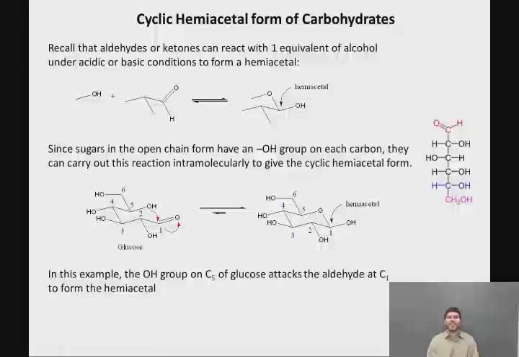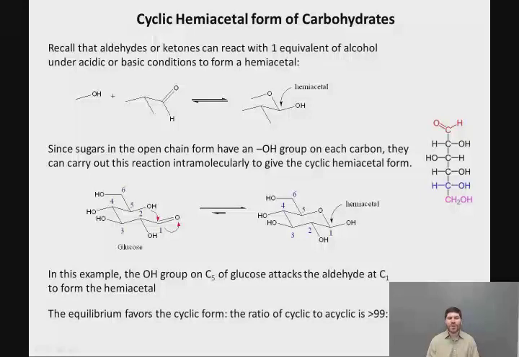This is not meant to be an exhaustive mechanism. It's just a guide to show you where the electrons are coming from and where they're going. So furthermore, as the arrows show, the equilibrium favors the cyclic form. The ratio of cyclic to acyclic is actually greater than 99:1.